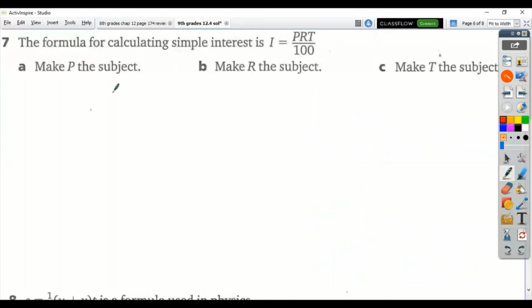Question 7. This is an interest problem. If you go to departments of economics or economy or management, something about banking, for example, you may need this formula, the interest problem. As I remember, P means capital money, R means the rate of interest, so 5%, 3%, and T represents time, and over 100 gives us the interest.